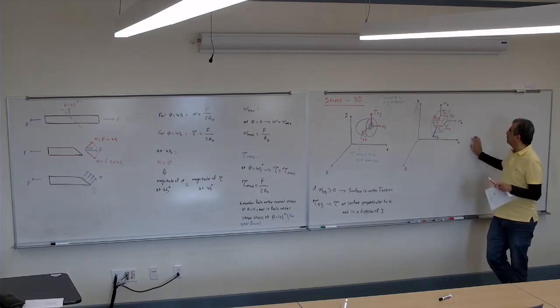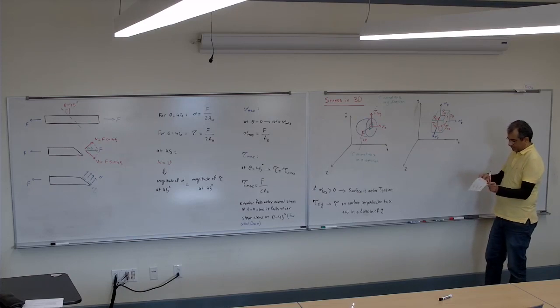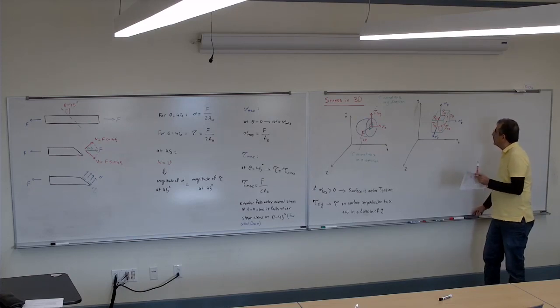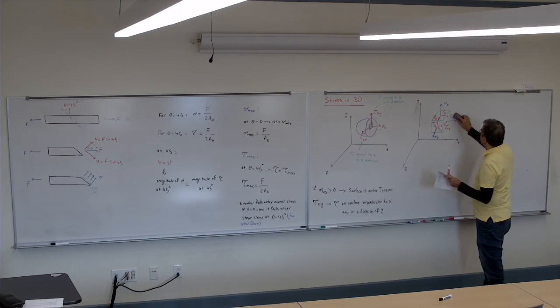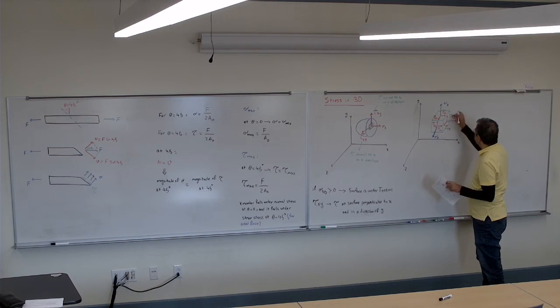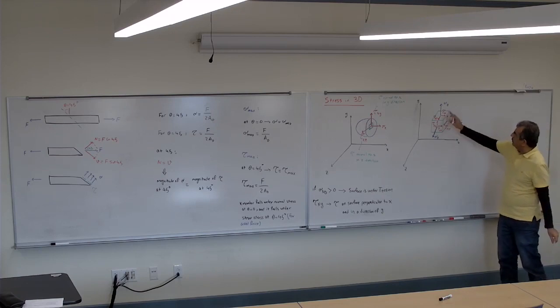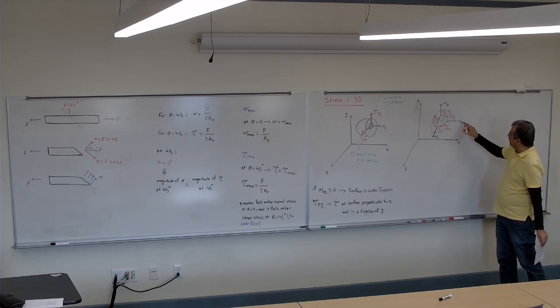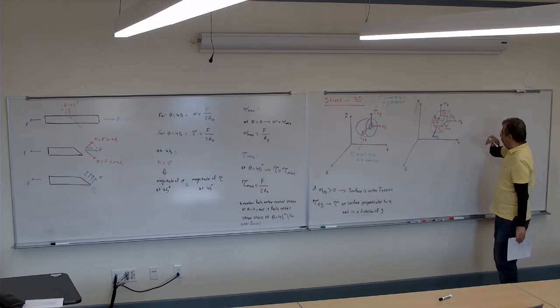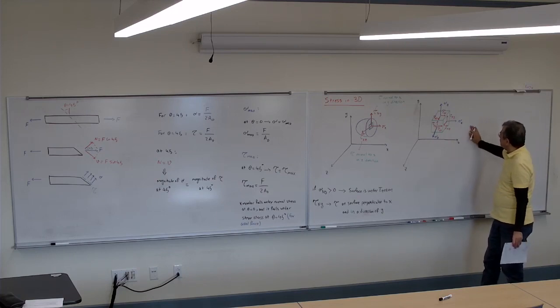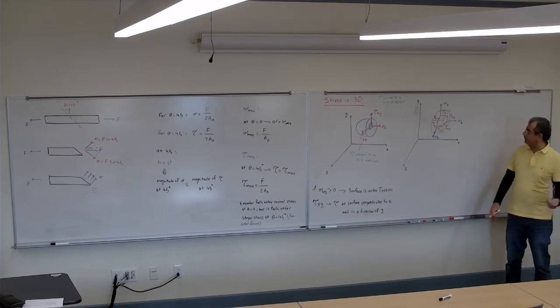Then I think that tau yx is, because it's on the surface, x, y. You're right. Yeah, thank you. So these are tau y, tau x, and these are tau z. Okay. Are the rest correct? Yeah.